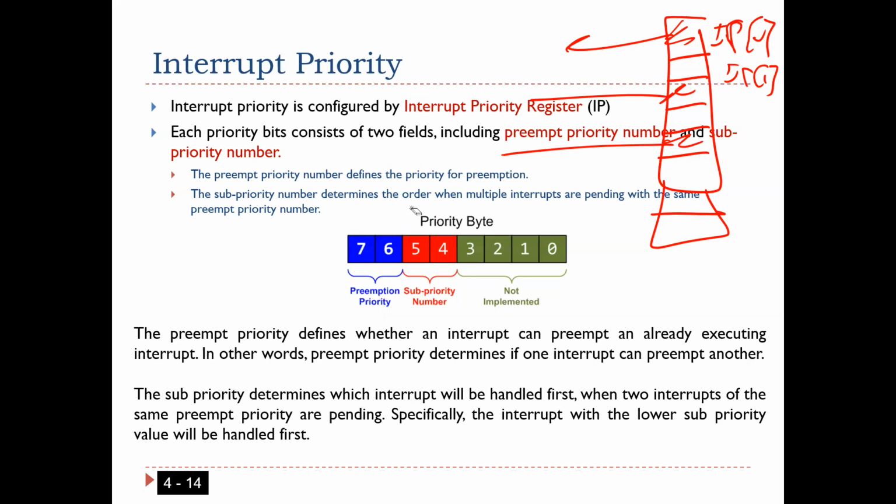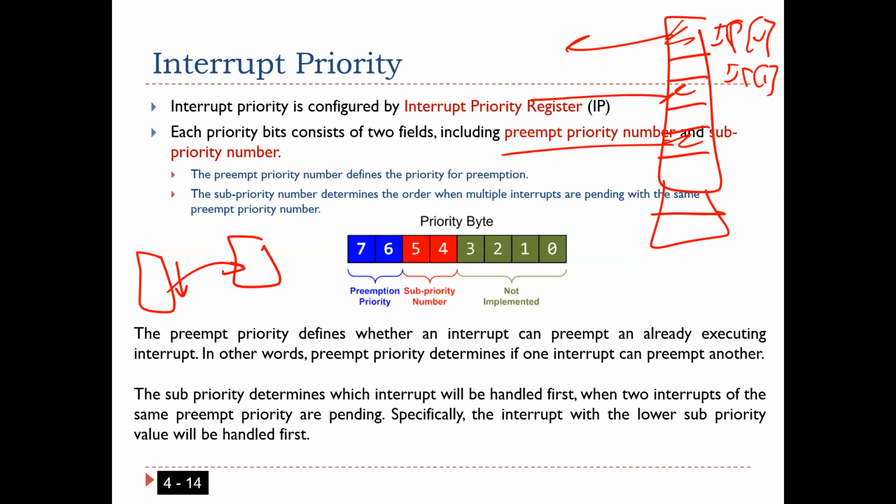What does preemption mean? It means, when I execute an interrupt and another interrupt comes, should I leave and go to this interrupt or not? This is the question we need to answer.